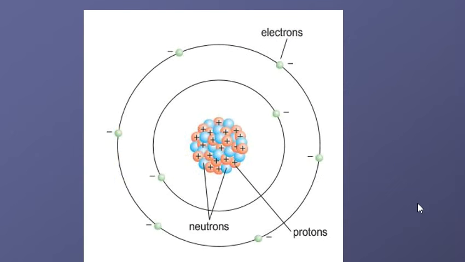Okay, if you remember from the beginning of the book, we started analyzing what the matter is made of. So as you know, matter is made of atoms, and in atoms we have the nucleus with neutrons and protons, and we have the electrons with negative charge. Okay, so what is the electricity?